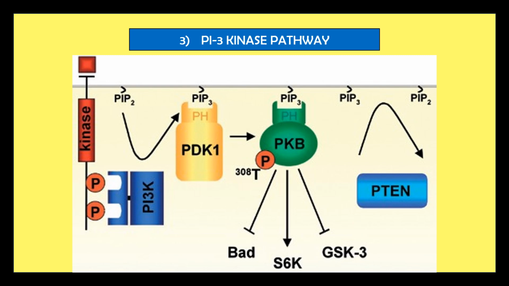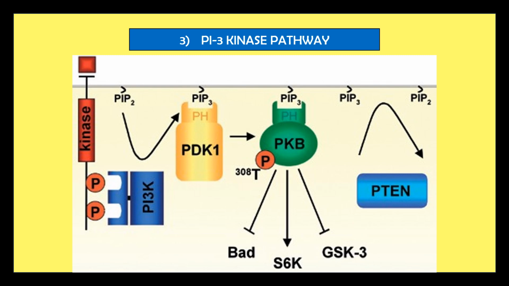In an inactive form, PKB, also called AKT, is present in the cytosol. In case of a rise in PI-3,4,5-triphosphate, PKB binds to it and is localized at the cell surface.